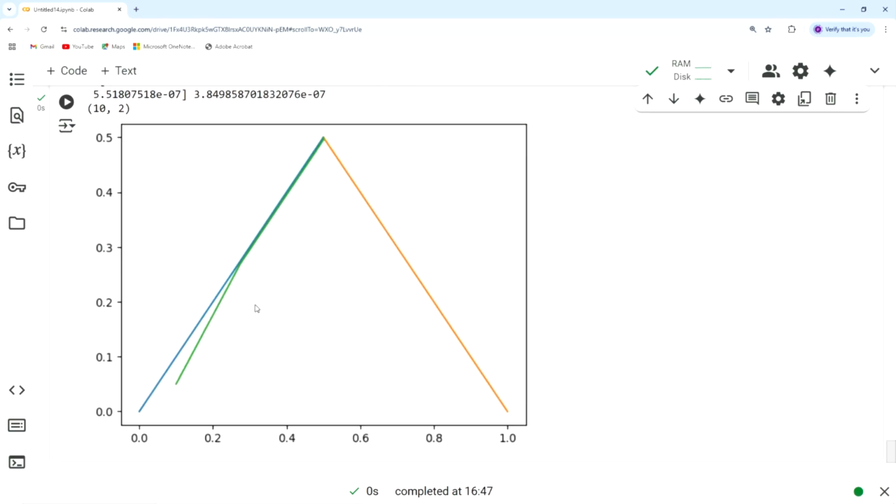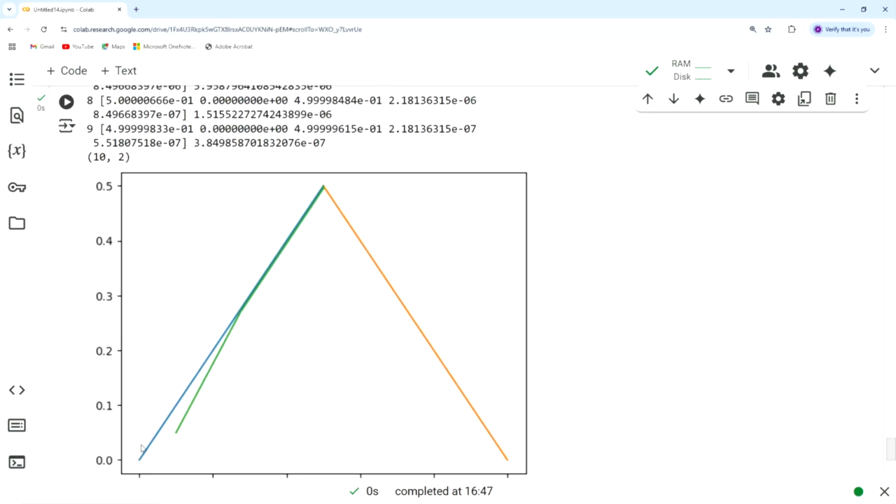Note that the blue and the orange curves are representing the feasible set of the LP, and the green line is actually the trajectory.